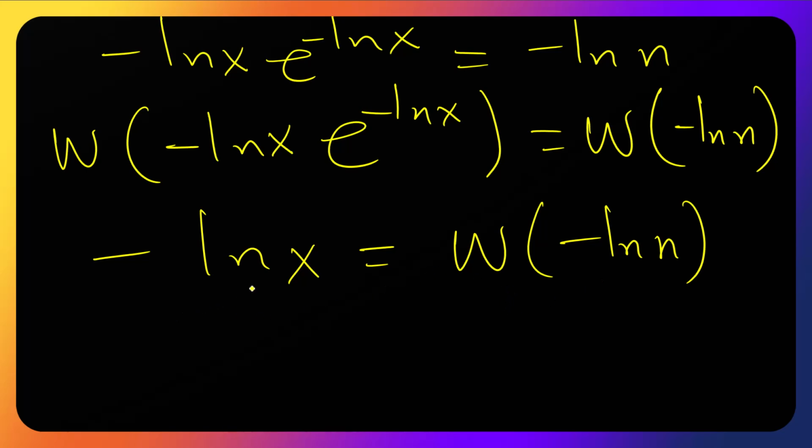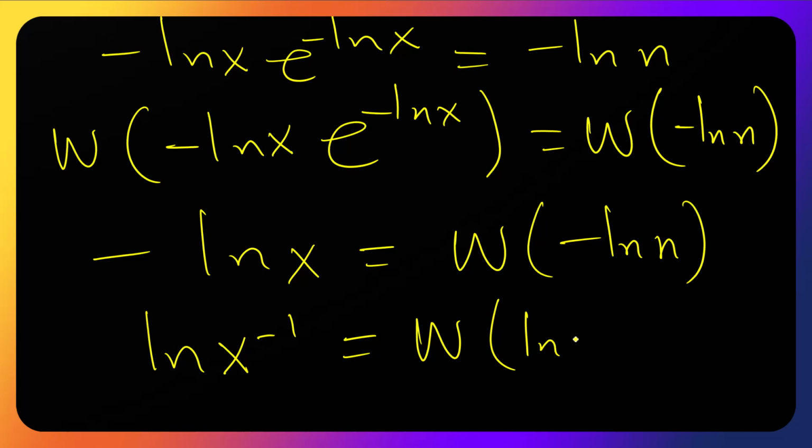But we can manipulate this one, since what is behind here can occupy this position. So we have ln of x to the power minus 1 equals the W function, and this one, the same thing, ln of n to the power minus 1.